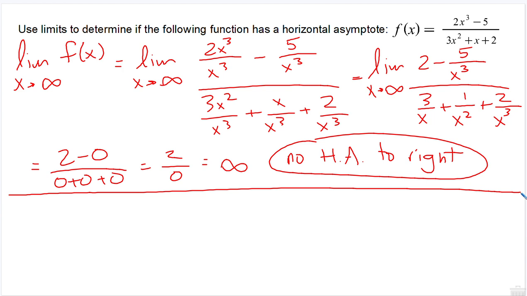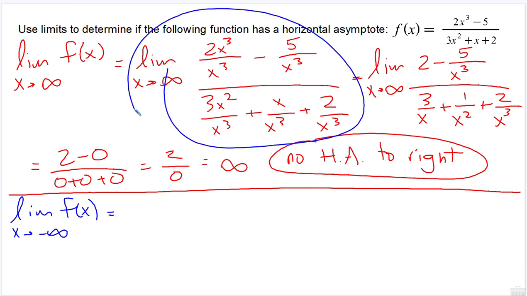So since we do need to show our limit as x approaches negative infinity, let's do that. And I'm going to be a little lazy again. I'm not going to write this middle step here, because it's not really that necessary.